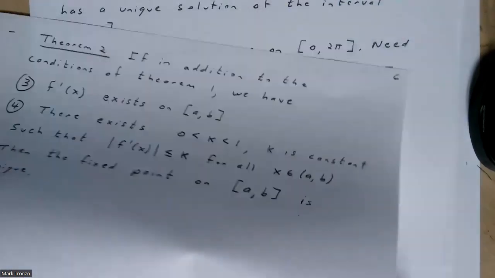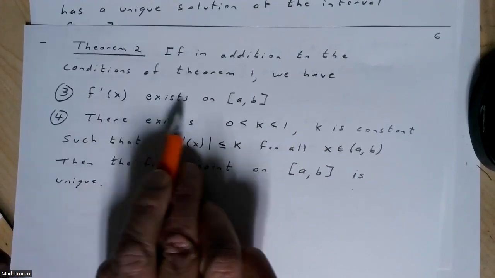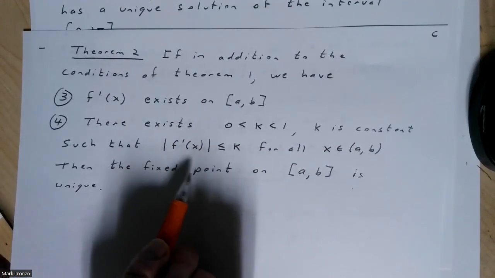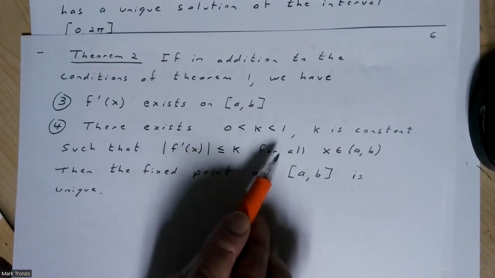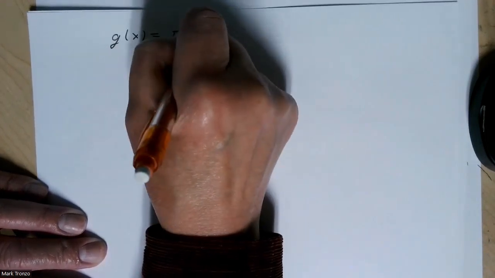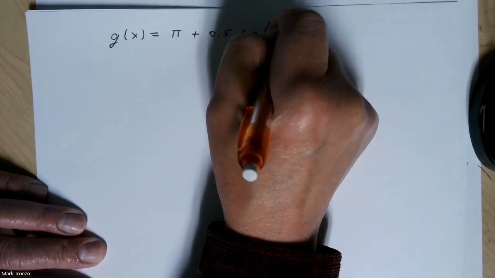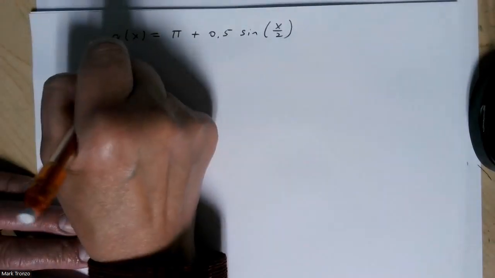Next, we want to show that our fixed point is unique. We need to find the derivative and show that the derivative is bounded by some constant between 0 and 1. So again, let's go back to our function. First of all, the derivative does exist because the derivative of a sine exists, but let's actually go find it. G of x is pi plus 0.5 sine of x over 2, and we take the derivative of this.